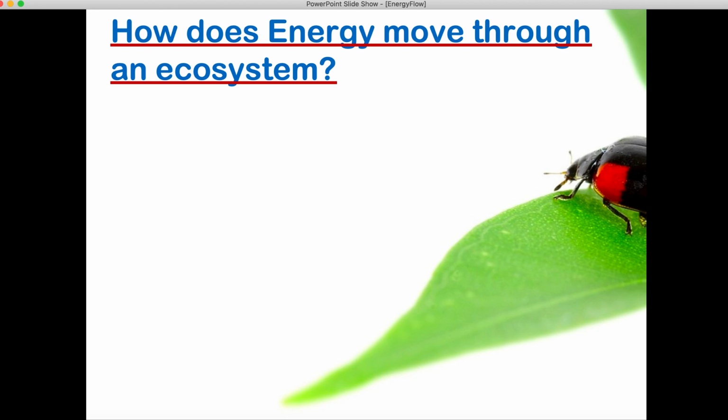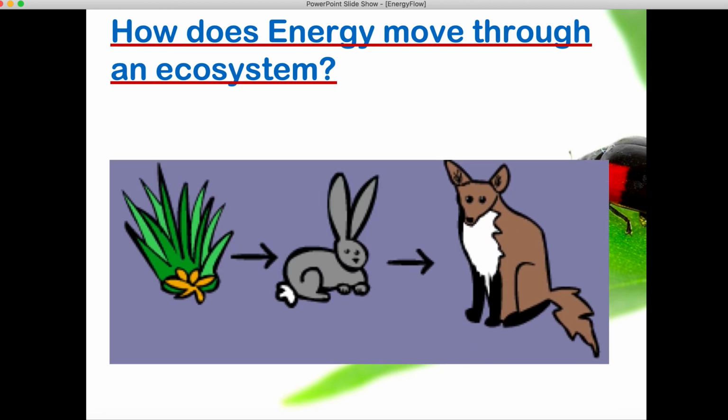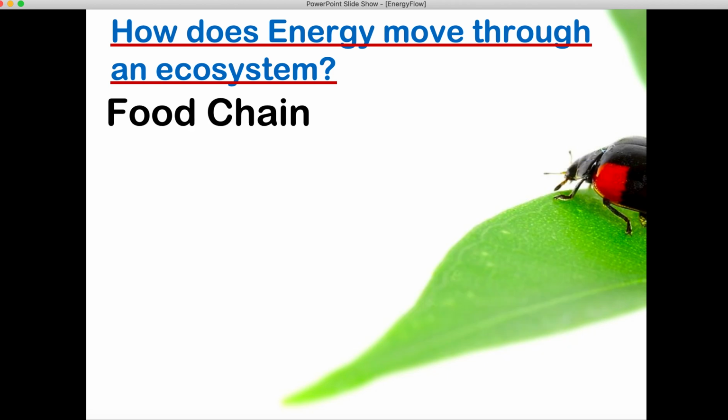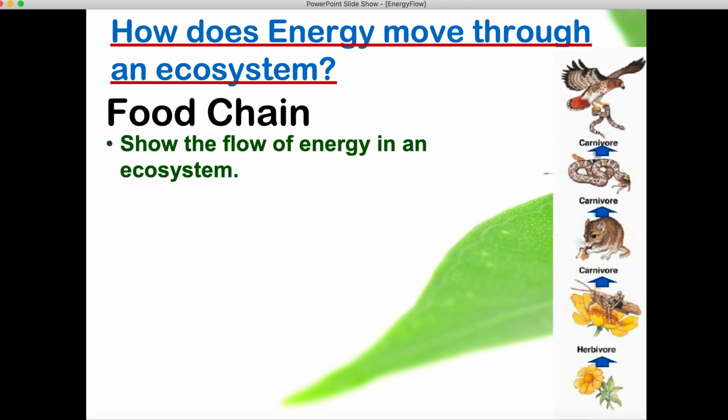So, how does energy move through an ecosystem? Well, you probably learned this in elementary school, and that's through a food chain. What is a food chain? It shows the flow of energy in an ecosystem. So here on the right, you have the plants eaten by carnivores. Or excuse me, if it's a species eating a plant, it's not a carnivore, it's an herbivore.